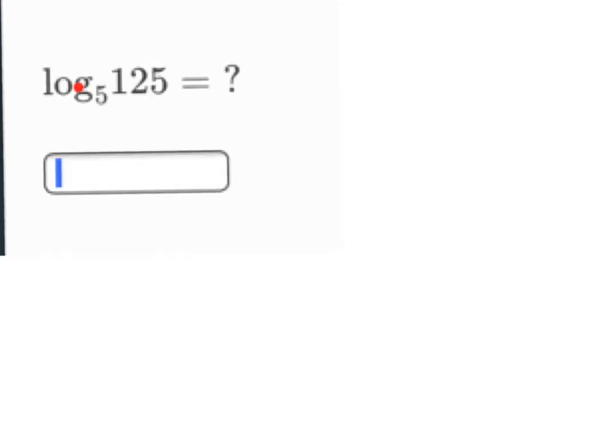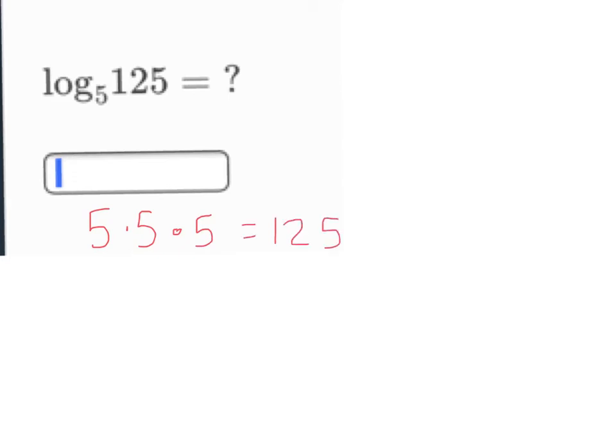So let's look at this problem. Here we're saying the log base 5 of 125 equals what? And so remember, we're asking ourselves 5 raised to what power gives me 125? Well, let's just start multiplying 5's. 5 times 5 is 25, times 5 more is 125.